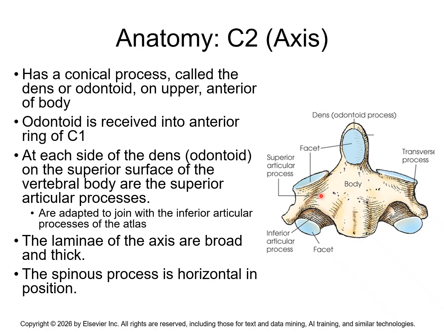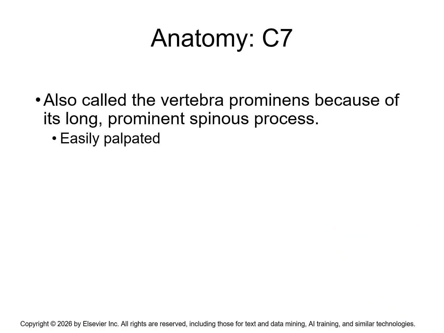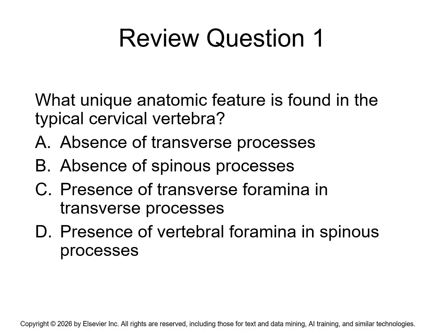The spinous processes are kind of horizontal in position. Specifically C1 and C2 require special imaging. Now, C7, again, we talked about already, the vertebral prominence, because it has that long prominent spinous process. It should be easily palpable. It's right where your neck meets your shoulders, and it is the other irregular bone in the cervical spine.